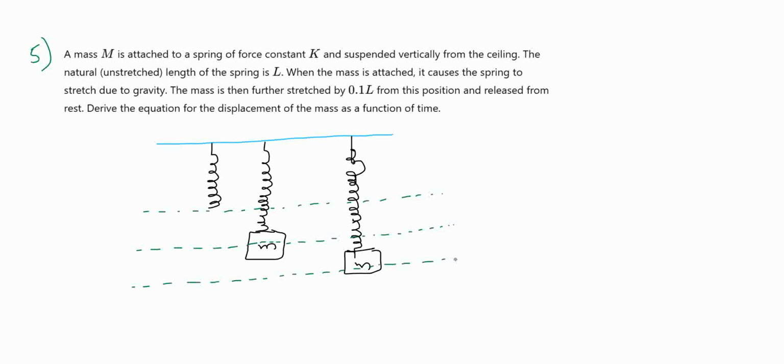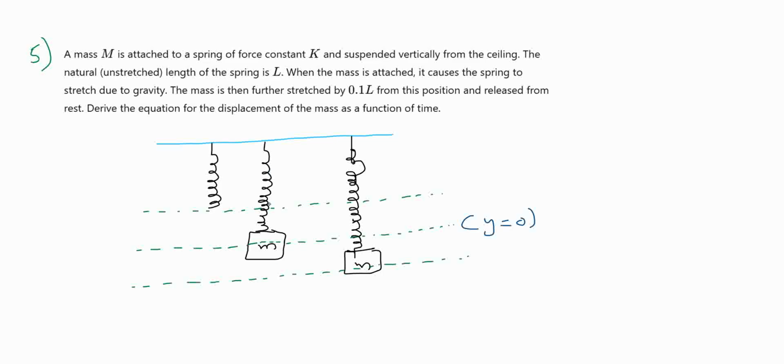Okay, so this is the scenario. Basically, the answer depends on the reference which we take. In the exam, the reference will be given somehow, indicated. But in this case, I would like to take this as the reference, y equal to 0.